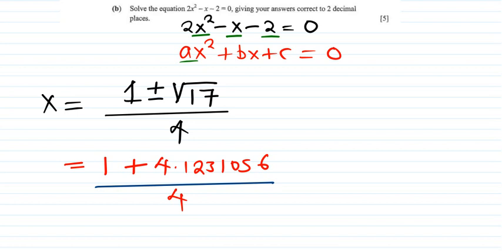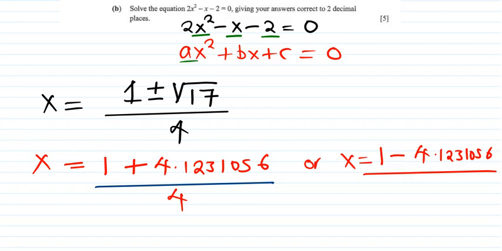Okay, so the value of x is equal to that, or the other way around, where you now pick negative 1 minus 4.1231056 over 4 as well. Okay, so you can now grab your calculator and then just add this.